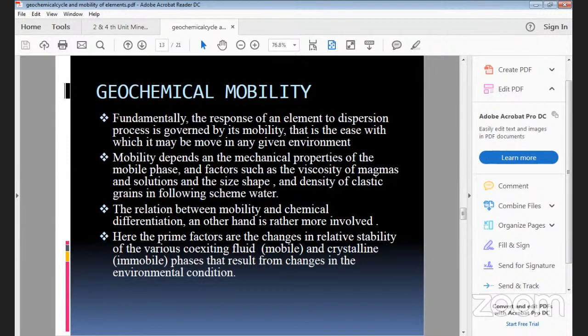The relation between mobility and chemical differentiation, on the other hand, is more involved. Here, the prime factors are changes in the relative stability of the various coexisting fluid and crystalline mobile phases that result from changes in the environmental conditions.